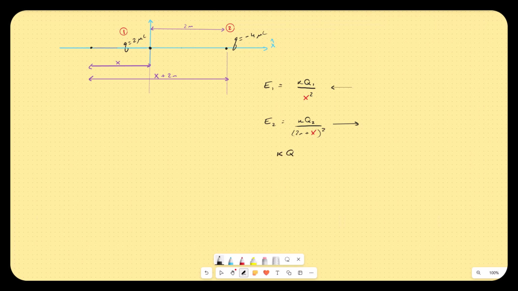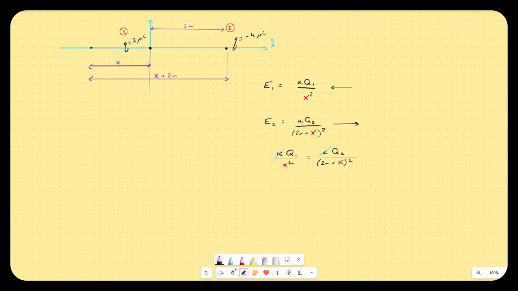k q1 over x squared equals k q2 over 2 meters plus x squared. I can cancel out the k. I can actually cancel out the micro part of these because the times 10 to the minus 6 is going to cancel.